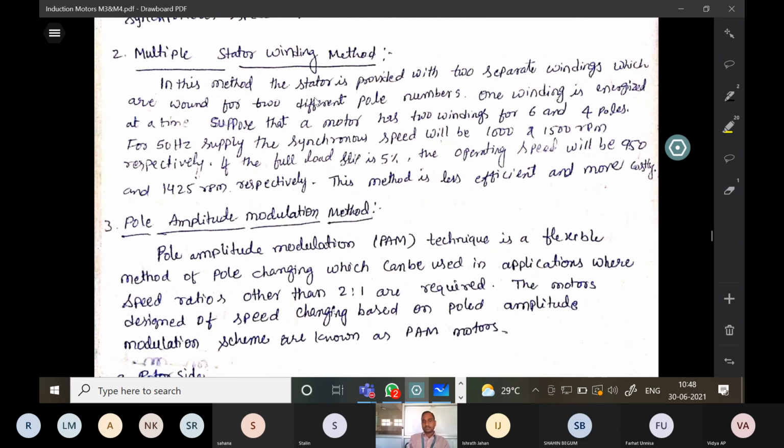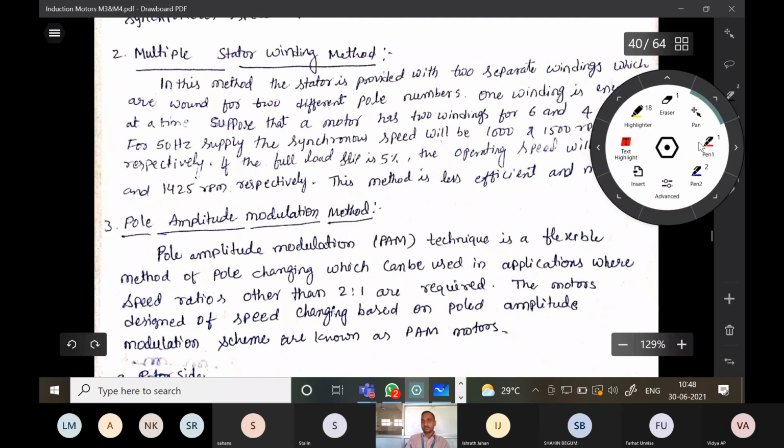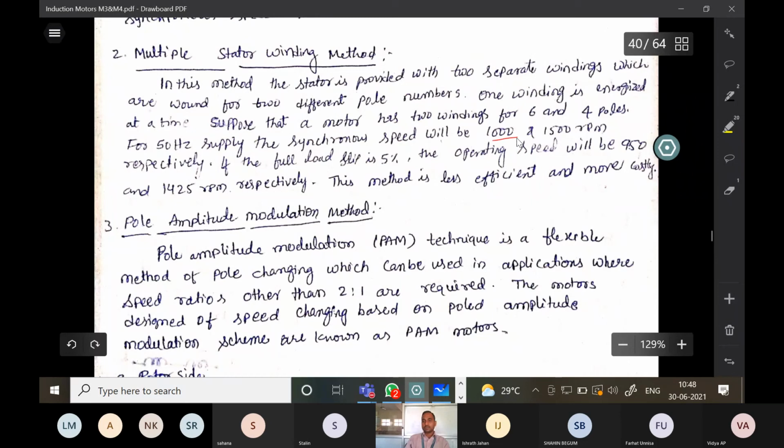The synchronous speeds will be 1000 rpm as well as 1500 rpm. I have told Ns is equal to 120 f by P. If the number of poles is 4, at 50 hertz we'll get 1500 rpm. If the number of poles is 6, you will get 1000 rpm.